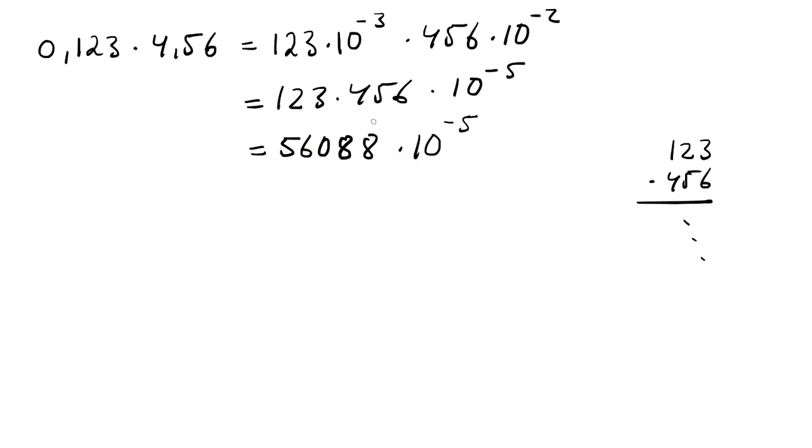So the point here is now I have transformed my decimal multiplication to a normal integer multiplication. And now I just have to move the decimal sign 5 steps. 1, 2, 3, 4, 5. So this is the technique to do it if you have decimal numbers with finitely many decimals.